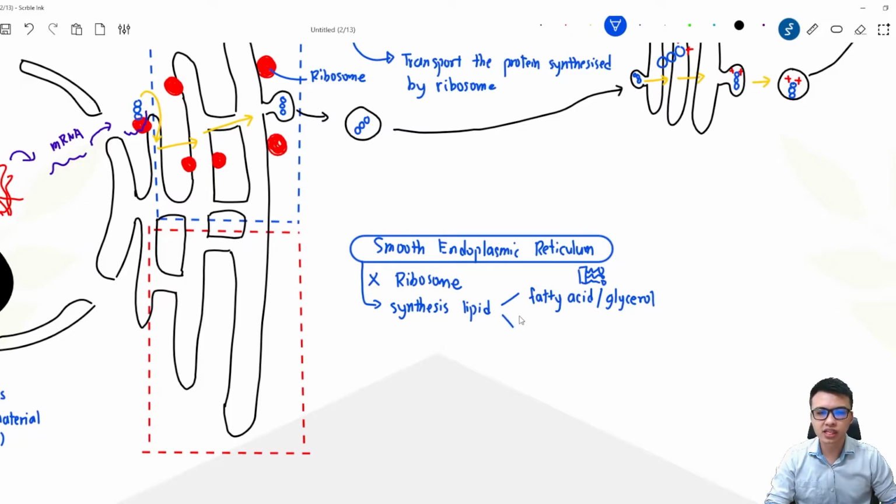Now, not only fatty acid and glycerol, the lipids also involve phospholipid. What is phospholipid? Phospholipid is one of the components in the plasma membrane. Now, we have another important lipid called cholesterol.